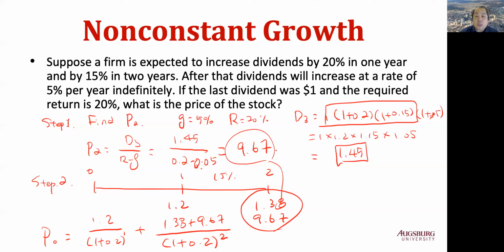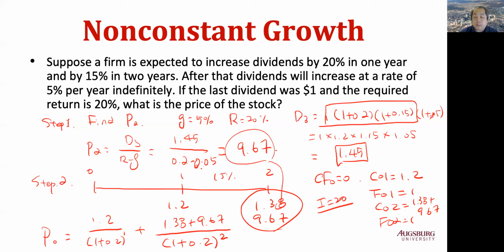You can also use the cash flow worksheet on the calculator, using CF0 equals 0, C01 equals 1.2, F01 is 1, and C02 is 1.38 plus 9.67, I mean $9.67. And then F02 equals 1. Calculate NPV. So press NPV, you have I equals 20, and compute NPV.